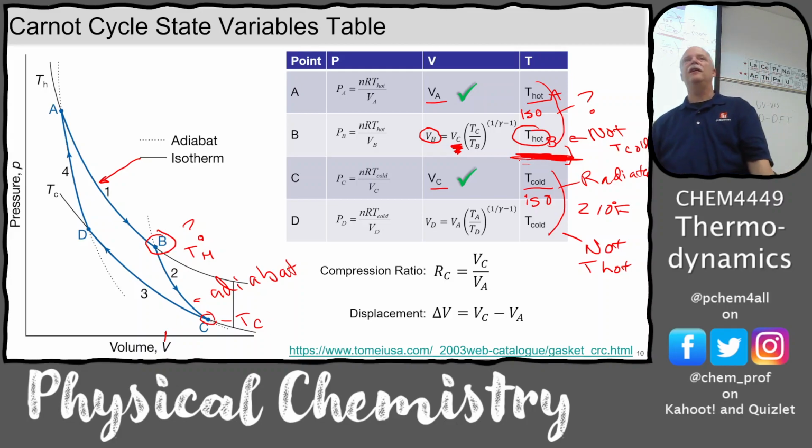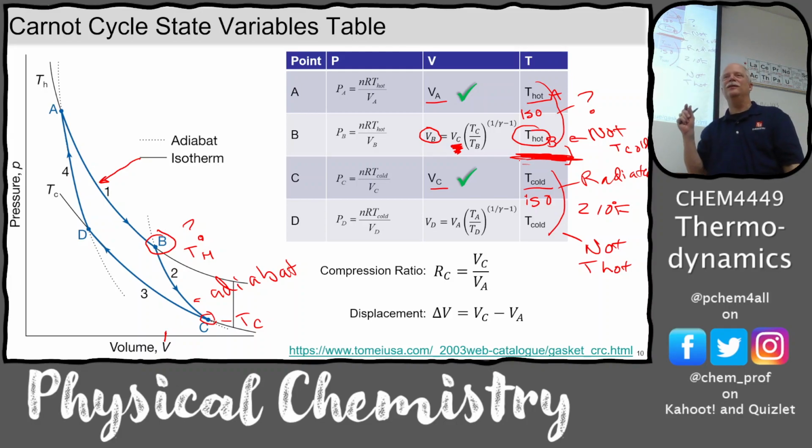They'll fix everything. But in this case, if you get the wrong rows and the wrong numbers, then the units aren't going to help you. But the chart will. And it won't make any sense if you get these numbers wrong in the chart and you compare them over there, because then you'll have the temperature of B be a lower temperature than the temperature at C, and that won't make sense, right?